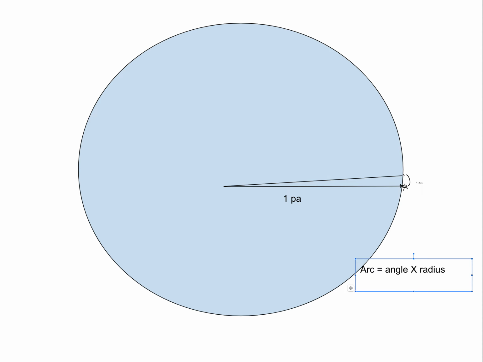If you consider the whole circle, the whole thing will be the arc, which will be the circumference, but we are not interested in that. It's an imaginary circle and we are only concerned with this 1 astronomic unit arc. So the arc here is 1 astronomic unit, which is equal to the angle. How much is the angle? The astronomers have found through their telescopes and experimentation that this angle is 1 second. And the radius is 1 parsec.